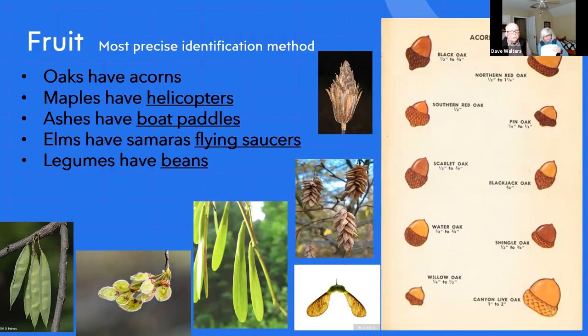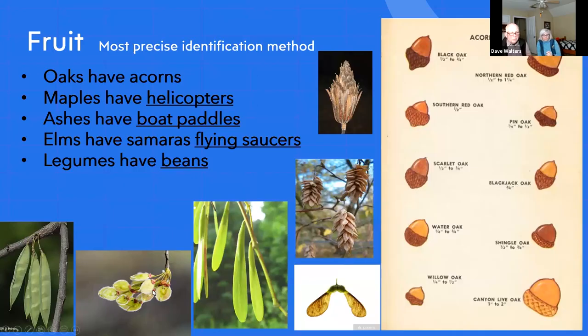Okay. Fruits. Fruits and flowers are the core place where we divided up our organizational structure. Just remember that if you find an acorn, it's an oak. If you find a helicopter, it's a maple. Boat paddles come from ashes. Elms have little flying saucers like these, each one of these things. And these things are not very big.